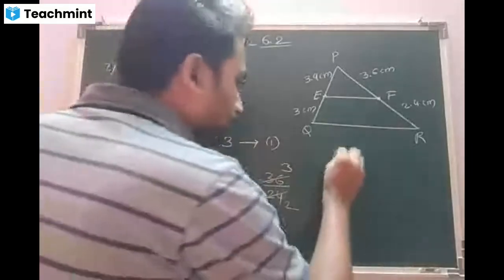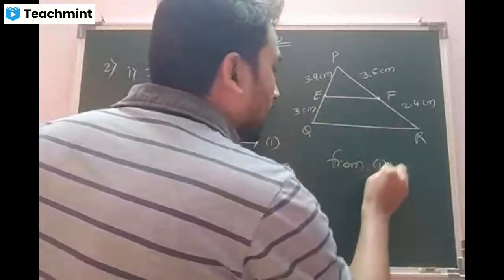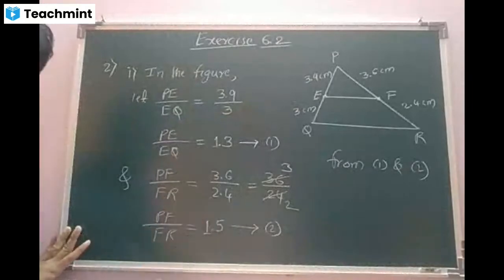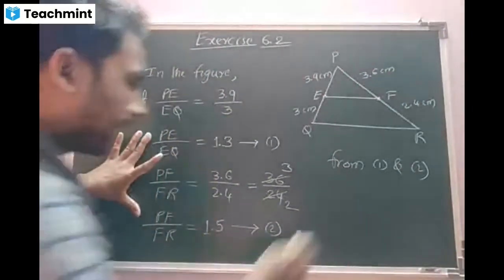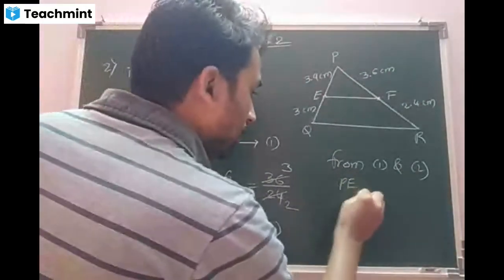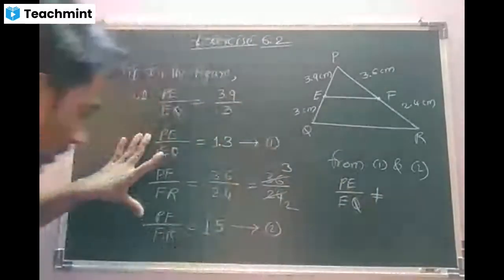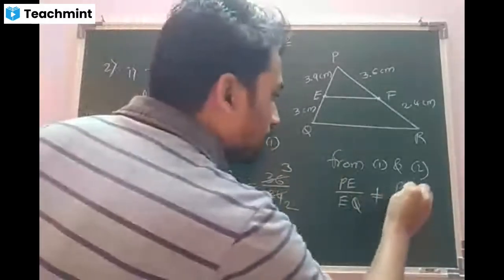So we will write from equations 1 and 2. This is 1.3, this is 1.5. So I can write the LHS of first equation is not equal to the LHS of the second equation.